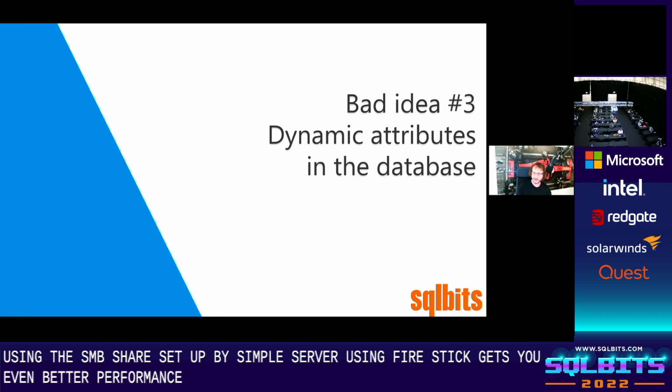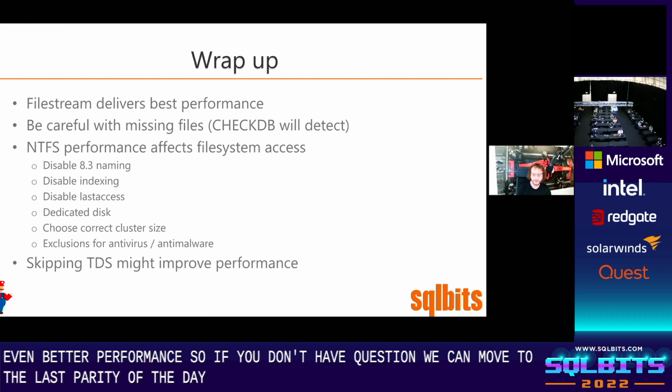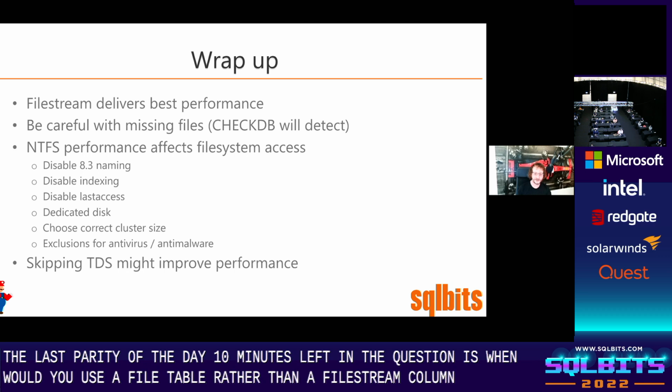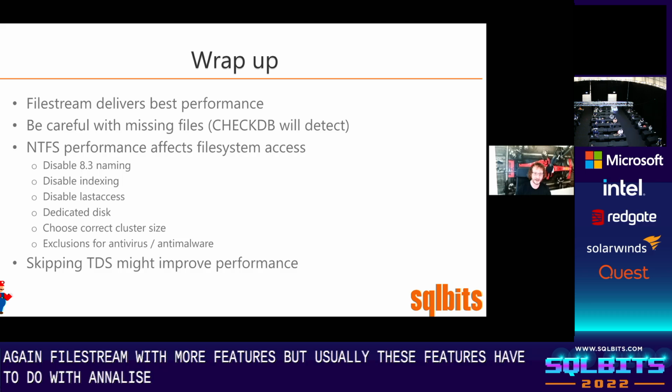So if we don't have questions, we can move to the last bad idea of the day. Yes, there's just one question. You've got 10 minutes left, and the question is, when would you use a FileTable rather than a FileStream column? Okay, so FileTable is again FileStream with more features, but usually these features have to do with analyzing the data that you have in the FileTables.